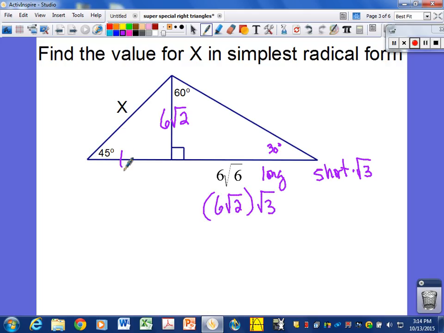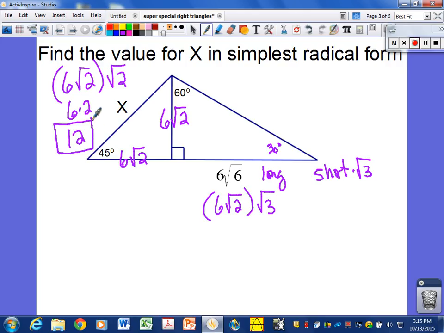But for the 45, 45, 90, this is now our leg, and x is your hypotenuse. So once again, the hypotenuse is root 2 times longer than the leg of the 45, 45. So 6 times 2, x equals 12 for the hypotenuse of this 45, 45, 90 triangle.